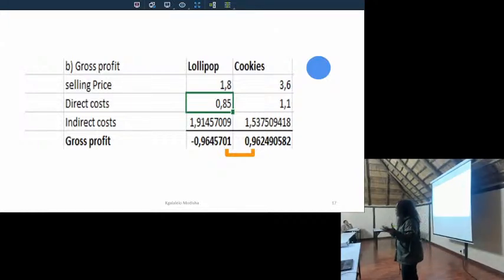Because now you probably were going to give more resources to Lollipop just so that it could be better. But do you agree that that wouldn't help because they're already making a loss? Now you're able to make sense of the information. This is why we use the different costing systems. Are you seeing the difference?